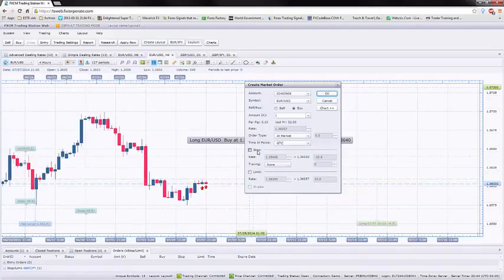So let's just say you have a $1,000 account. Your goal is not to risk more than 1% per trade. So that means I expect you to only risk $10 on this trade. If you have a $1,000 account, we are risking about 35 pips on this trade, and I don't want you to risk more than $10 in total.